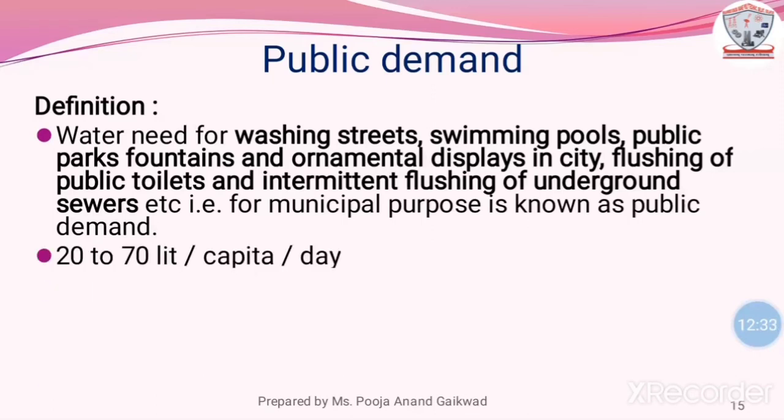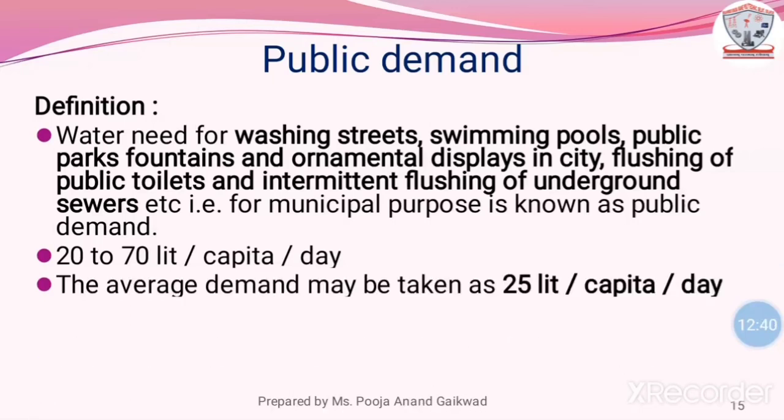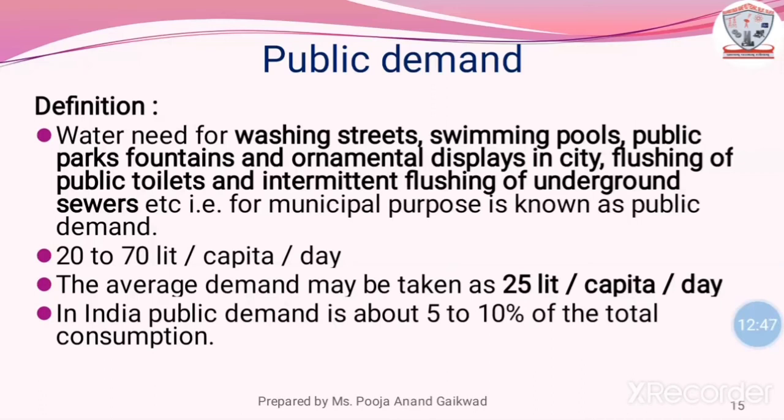Public demand may range from 20 to 70 liters per capita per day. The average demand may be taken as 25 liters per capita per day. In India, this demand is about 5 to 10% of the total consumption.